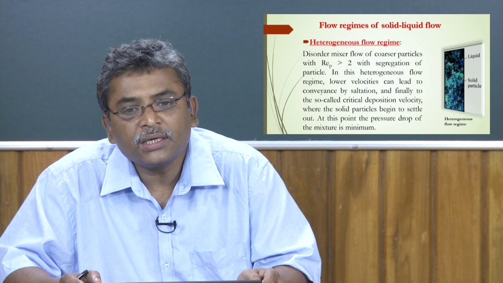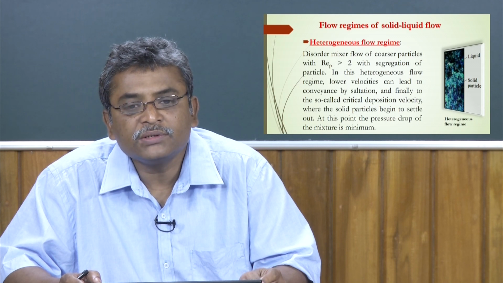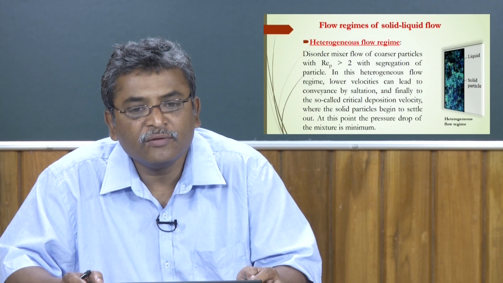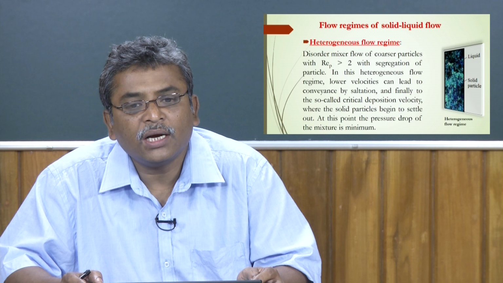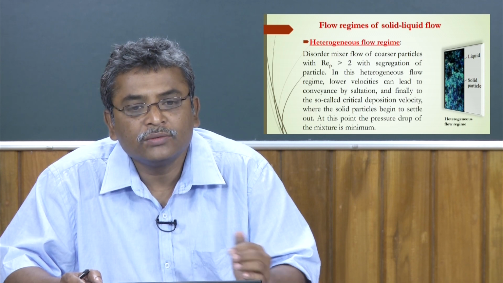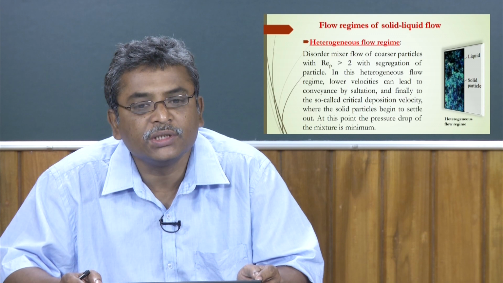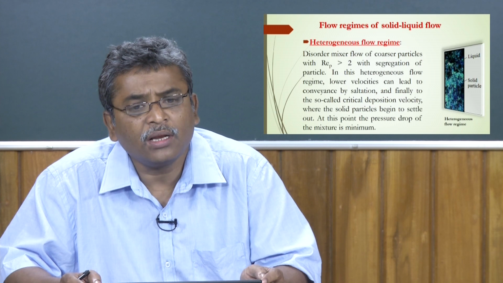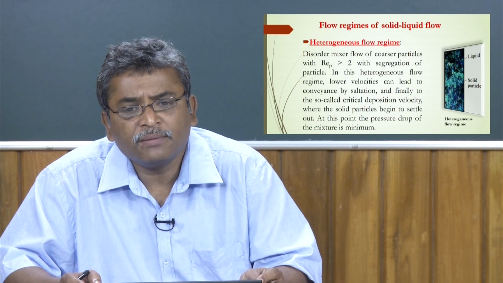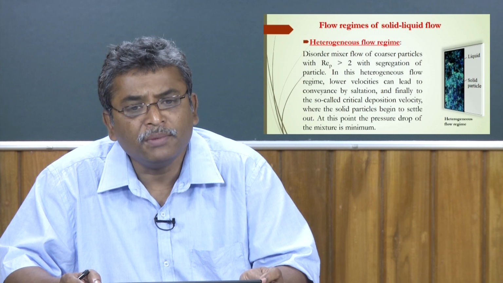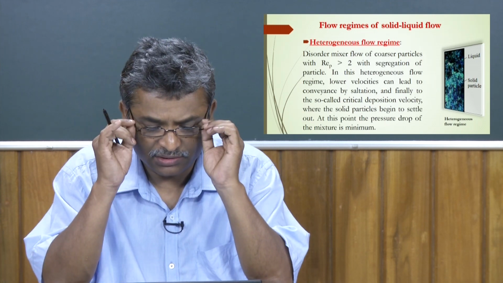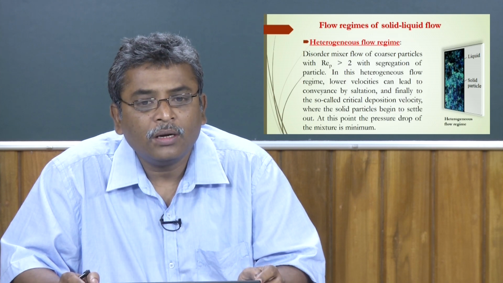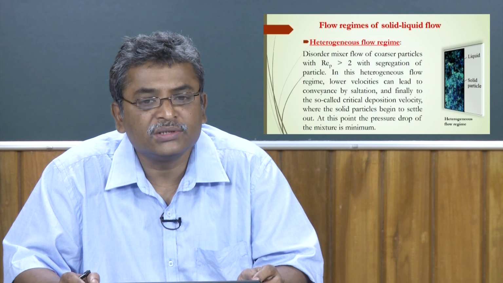In this heterogeneous flow regime, lower velocities can sometimes result in conveyance by saltation, and finally the so-called critical deposition velocity inside the bed. In this case, the solid particles begin to settle out, and at this point the pressure drop of the mixture will be minimum. So, the heterogeneous flow regime you get at a Reynolds number greater than 2, with a little higher turbulence here.